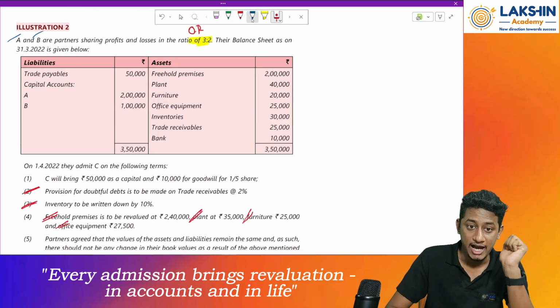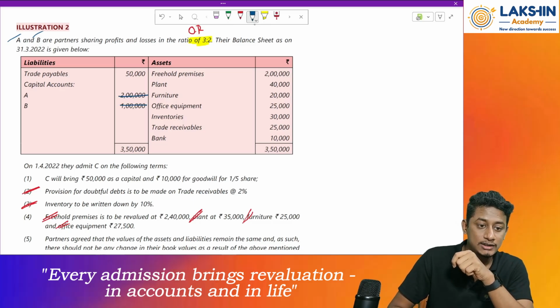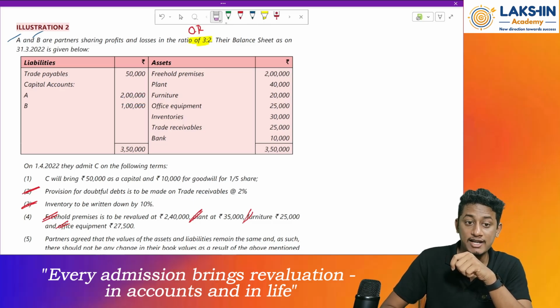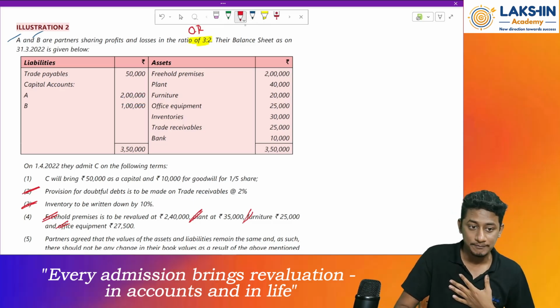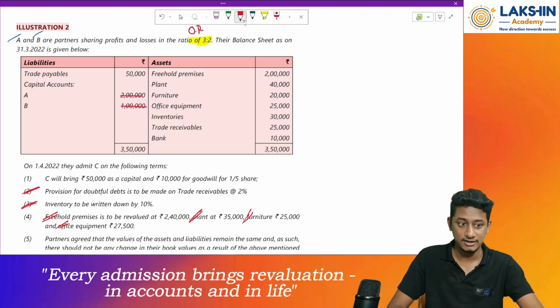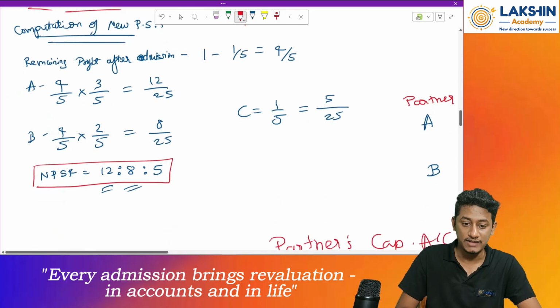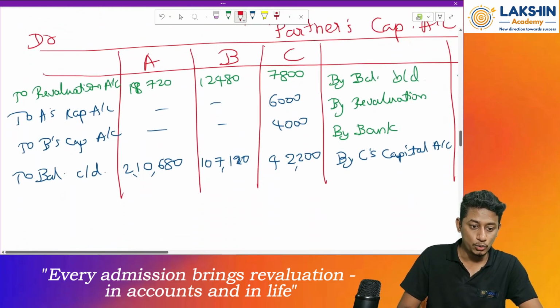Where will the changes be? One, the capital account balances will change. Why? Because I am preparing the capital accounts newly, and I will have C also with me. So write down the new balances of capital accounts. That will be 2 lakh, just mark this, this, and this.